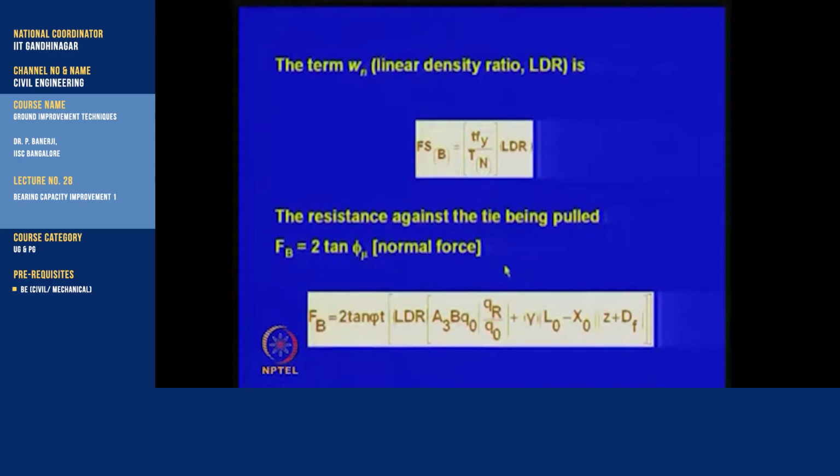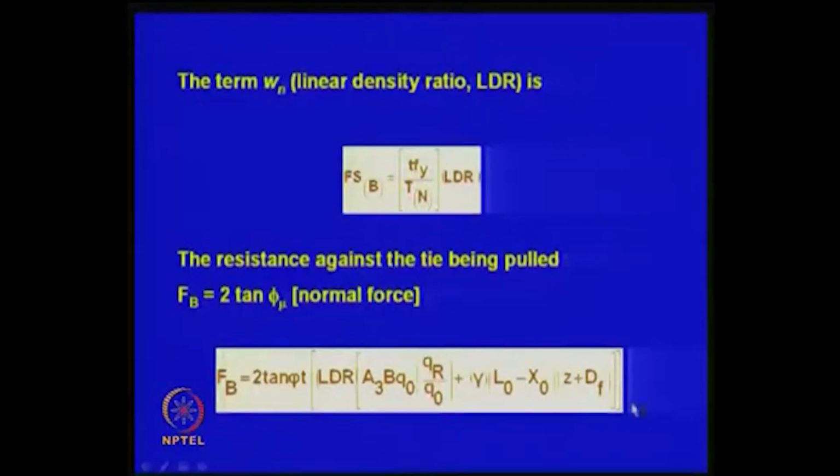Normal force is nothing but at any point gamma b into height, right. See, z plus df is nothing but the normal force. So, into gamma gives you what is called the vertical stress, into L naught minus x naught. L naught is the total length, x naught I am subtracting. So, L naught minus x naught will give me this, and this other term comes from the stress distribution, and LDR. Okay. This is all that factor that you get from distribution, and 2 tan phi, mu actually.